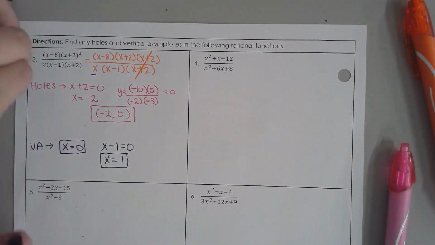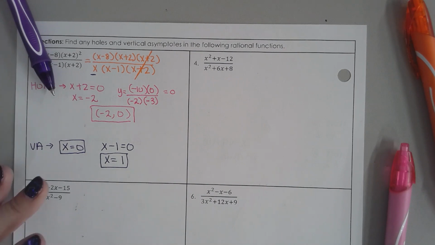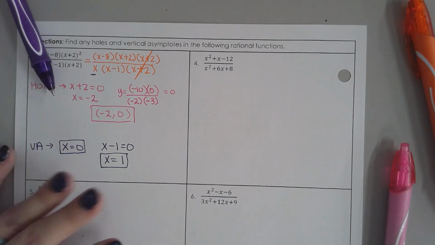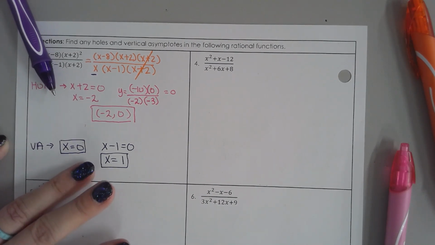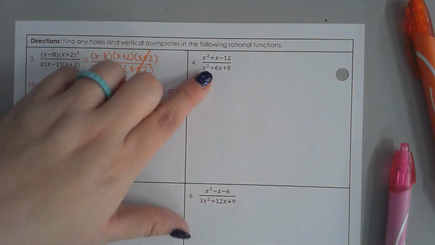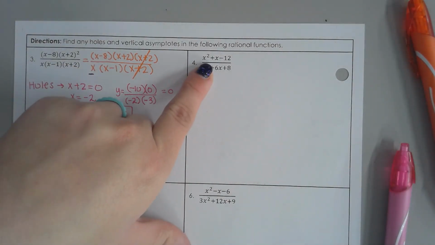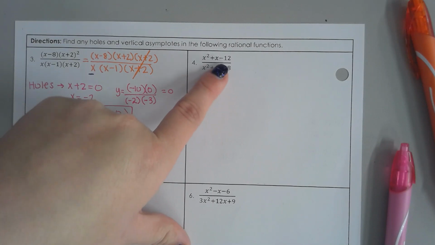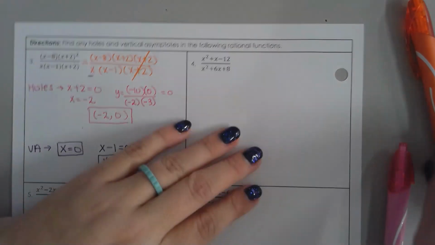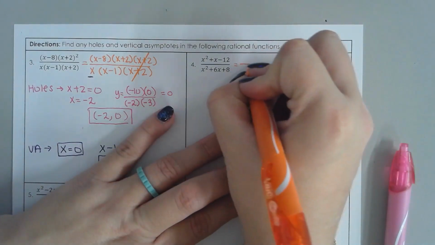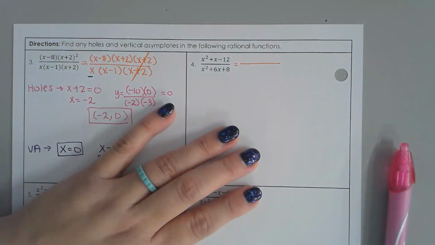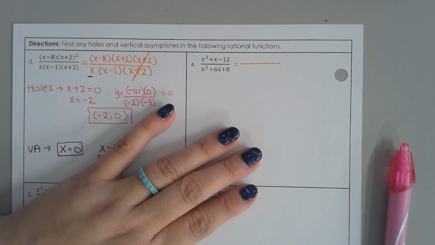Now starting with number 4, things aren't factored. So we have to factor it first. So x squared plus x minus 12. We need two numbers that multiply to be -12 but add to be 1. What are those two numbers? 4 and -3.